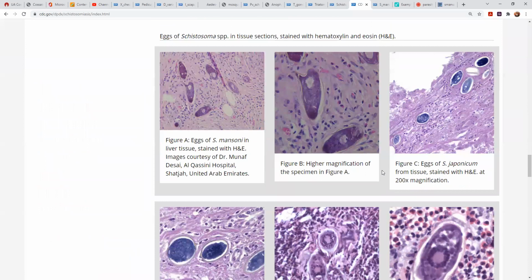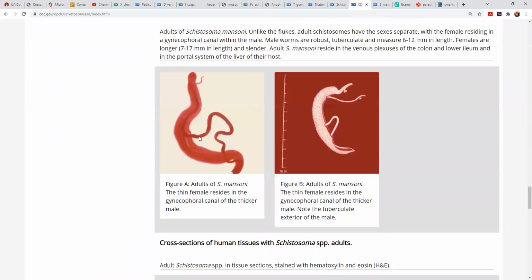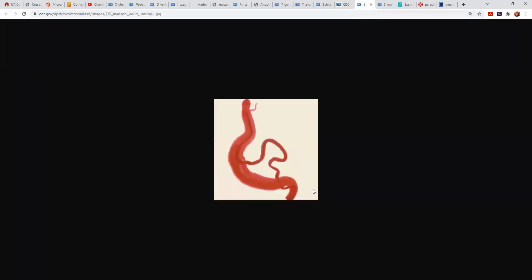And here we go. Here would be the male and female. Now, here's the other really odd thing about Schistosoma, is the male and female are interconnected. So this larger structure you see here is the male.